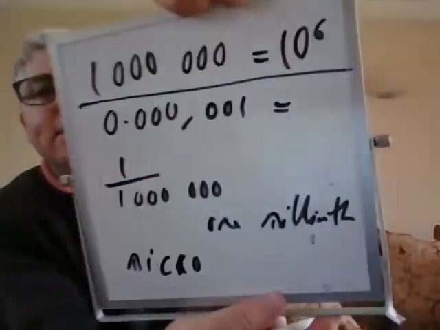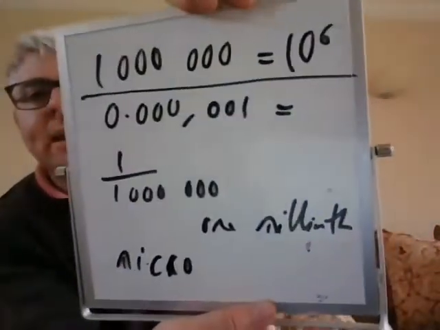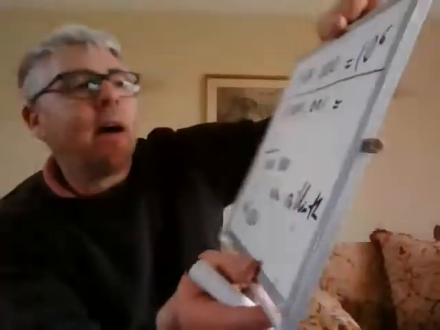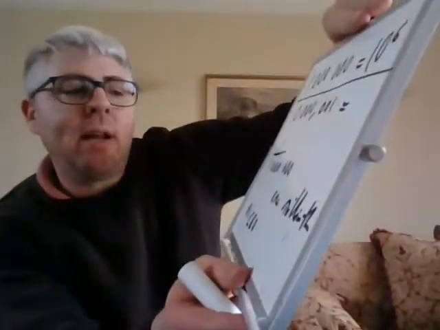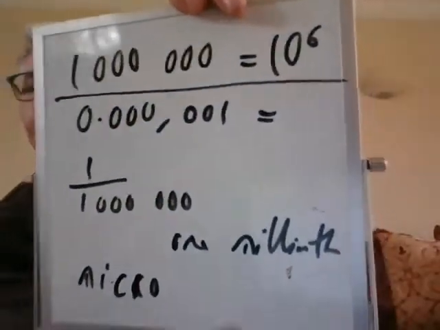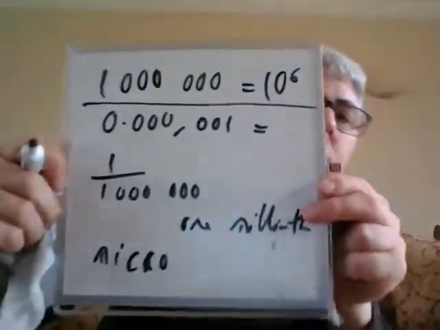I've done a line under it. Just ignore that top one there and look at the stuff under that line. It's that one there. It's 1 millionth, micro. Thank you. Thanks for that.